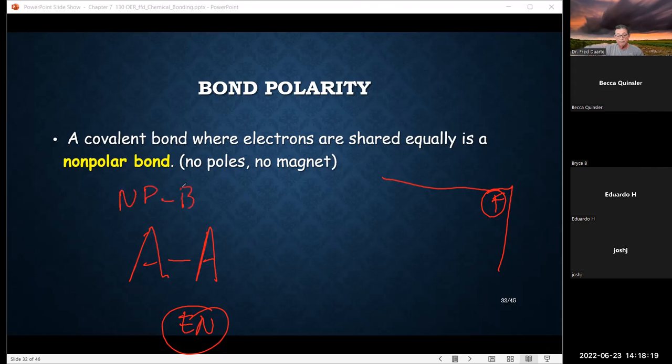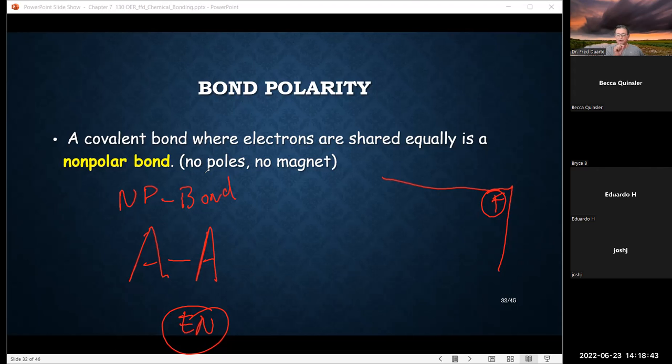non-polar bond, okay? By polar, I mean there are things around you that are polar. The Earth is polar. We have a north side and a south side. If you're running off batteries right now, in whatever electronic device you're using, that battery is polar. You got a negative side and a positive side, okay?